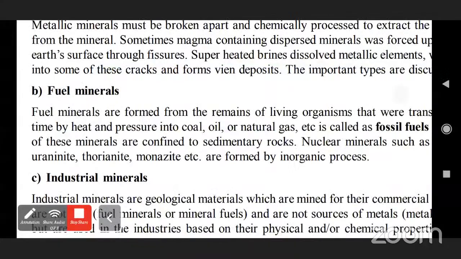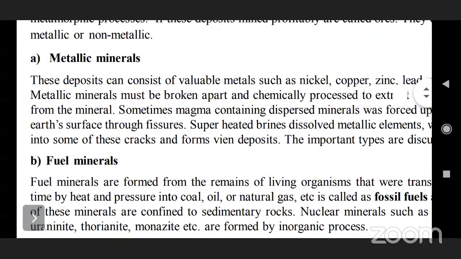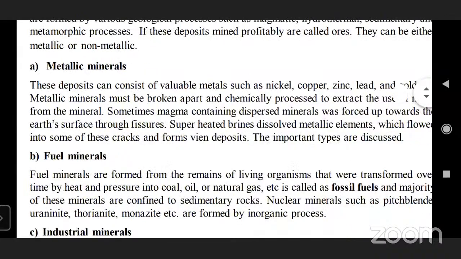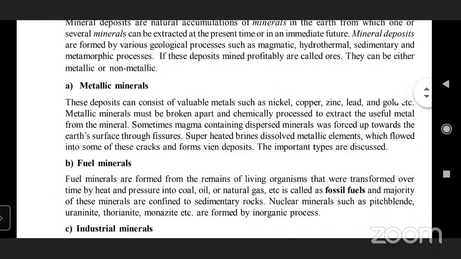Here, the metallic mineral deposits can consist of valuable metals such as nickel, copper, zinc, lead, and gold, etc. The metallic minerals must be broken apart and chemically processed to extract the useful metal from the mineral.